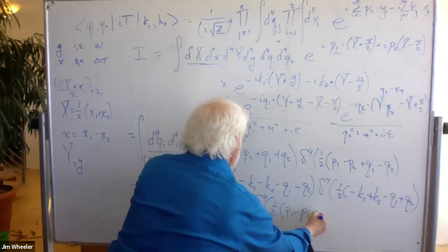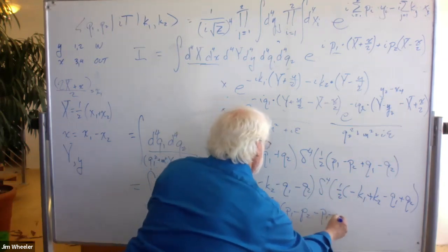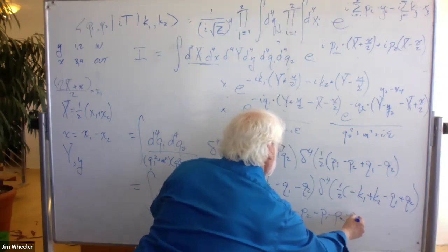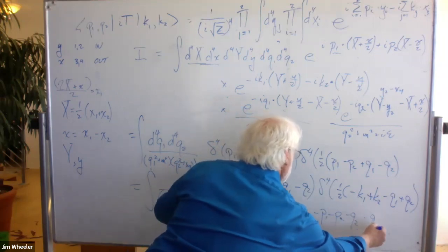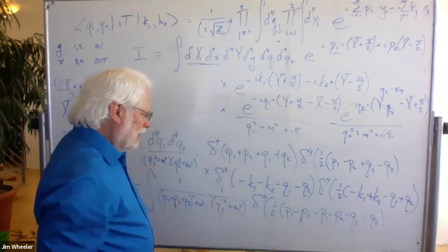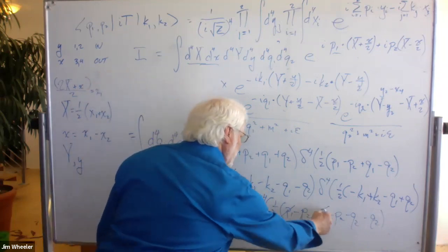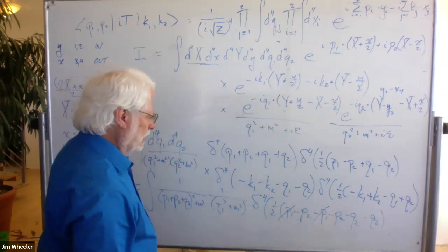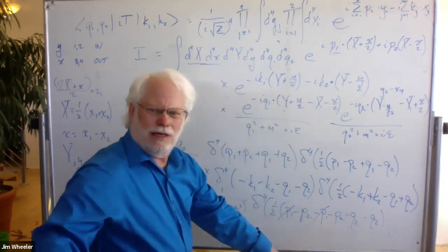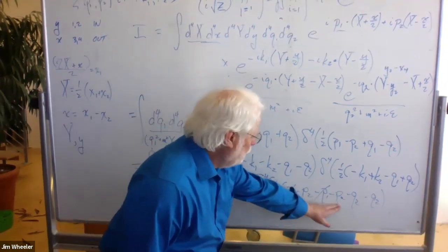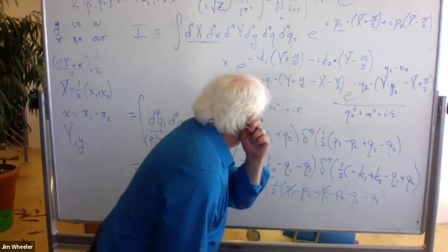Q1 has become minus P1 minus P2 minus Q2 minus Q2. And this is nice because the P1 cancels. This is what's supposed to happen. And we get 2P2, can you see? We get 2P2 and 2Q2.